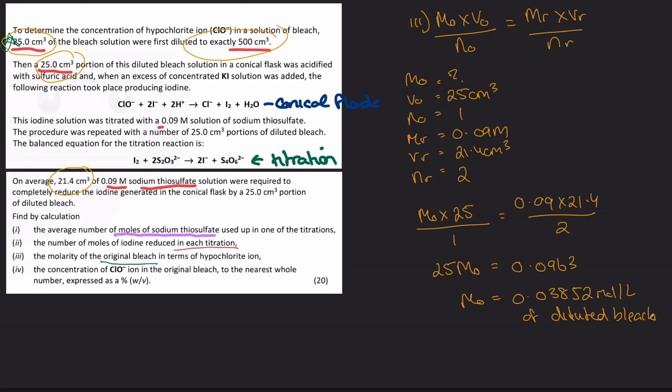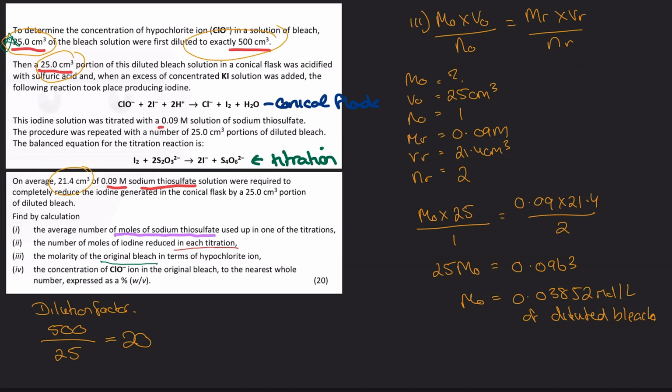So to work out the dilution factor, you simply see how many times it has been diluted. So you can take the final one, divide by the original amount used, and you'll get 20. That's the dilution factor. So that's how many times it's been diluted by.